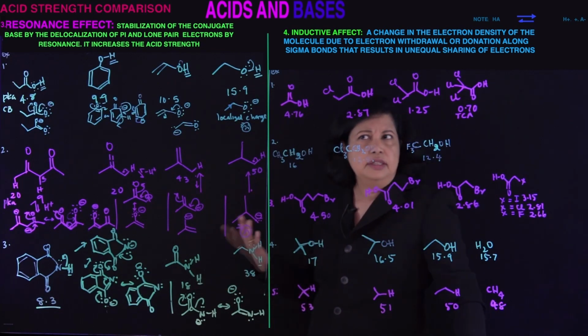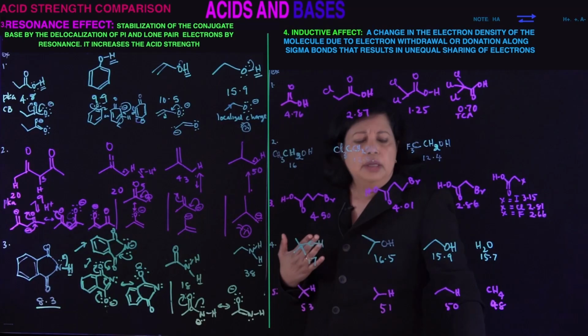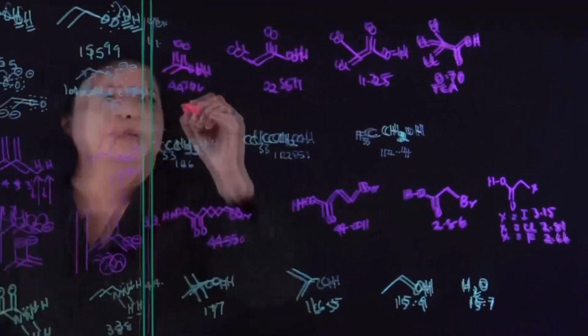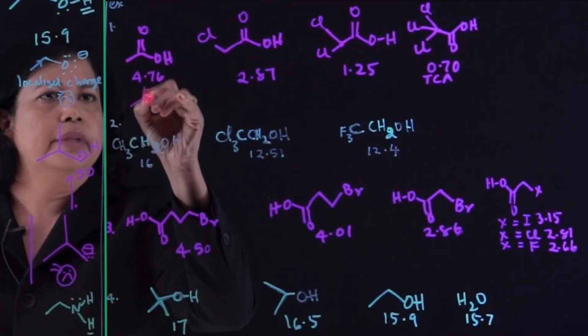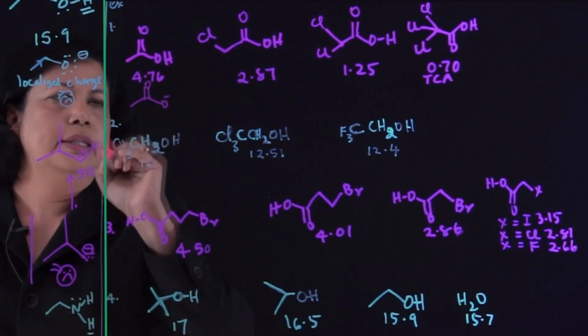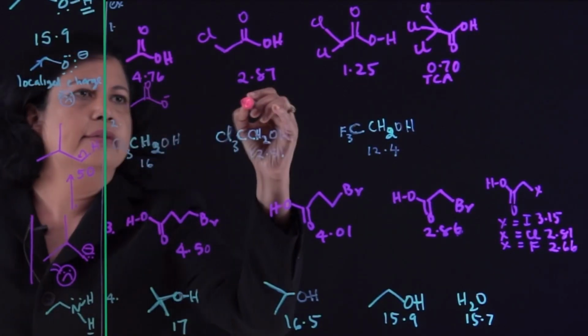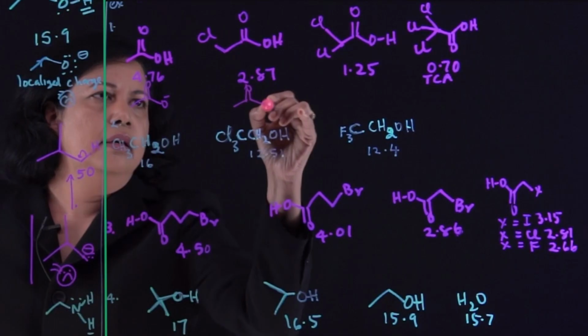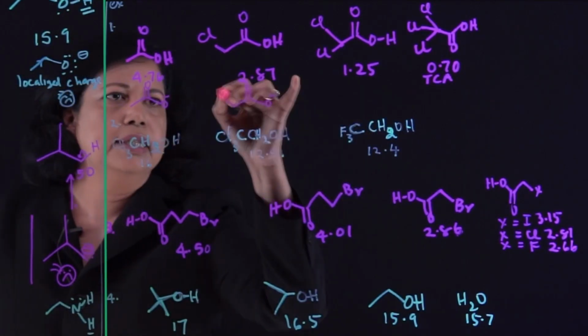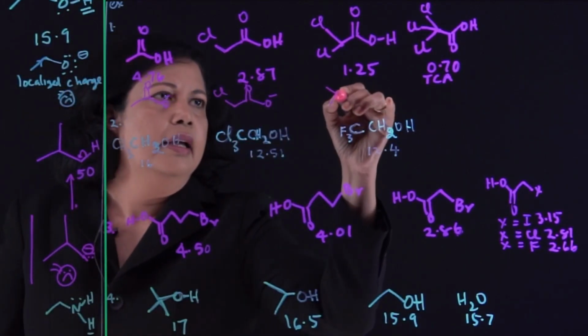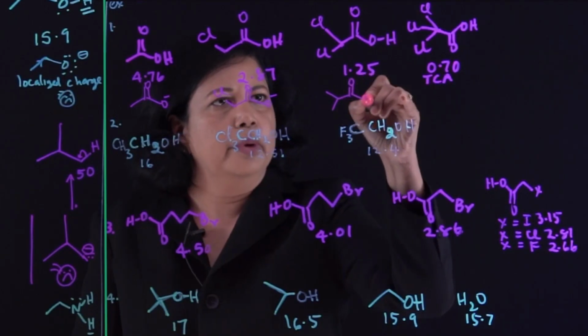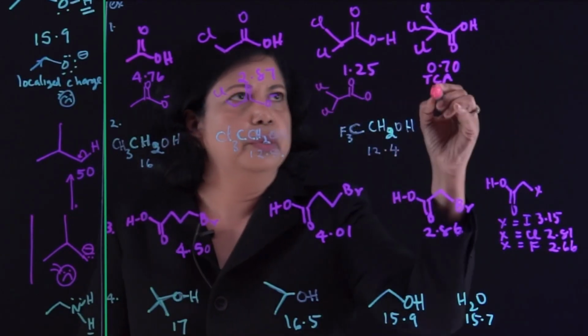Now, let's see, is this due to resonance? Well, let's draw the anion for all of them. The anion for all of them would be this. They'll all have the same resonance. So the same anion over here, but now you have two chlorines.